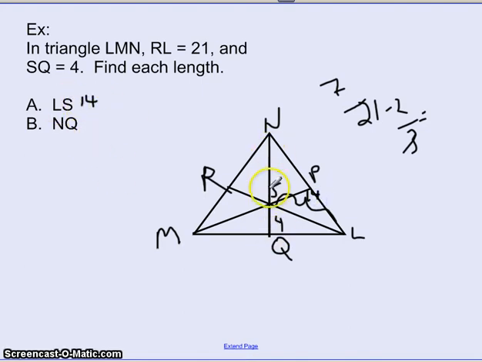And NQ, well, 4 is 1/3, so I need 2 more 4s to make it across here. So another 4 plus 4 should be 8 for this distance, which is 2/3 of the way all the way across. So I think we'd need 2 more 4s, creating 12 for this length.